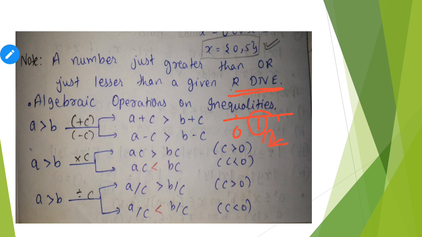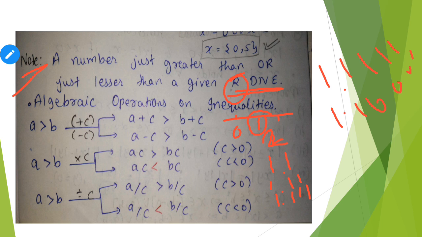For example, if we take a number greater than 1, we can write 1.1, 1.11, 1.111, 1.1111, 1.10001. So we can write many numbers. We cannot write a particular number that is the one just lesser than 1.